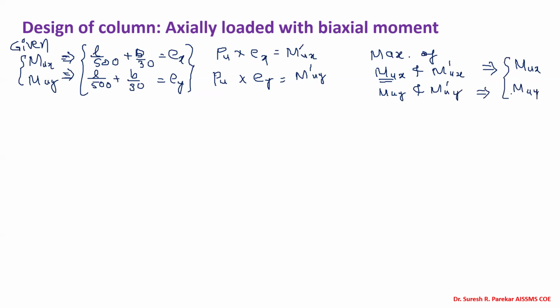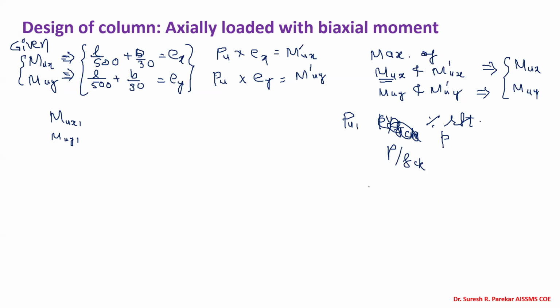These are the maximum values. Then we are going to find Mux1 and Muy1, as I have just shown you. How will we find these values? We know Pu. We assume p by fck, from which we find the percentage reinforcement. If not given, then find p. After finding p, you have to go for p by fck.